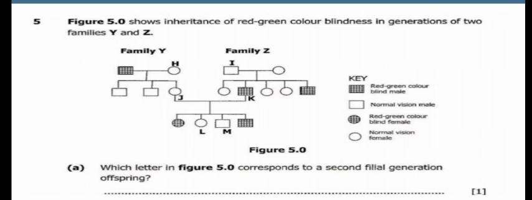This key is saying, if we use a circle which is unshaded, this one is going to represent a female. So meaning J is a female, so we need to use XX. But just wait and see what we are going to put here on top. Then as for the shaded square, this one is going to represent a male who is hemophilic. So K is a male, so we need to have XY.